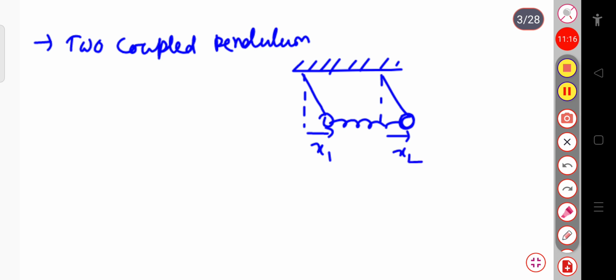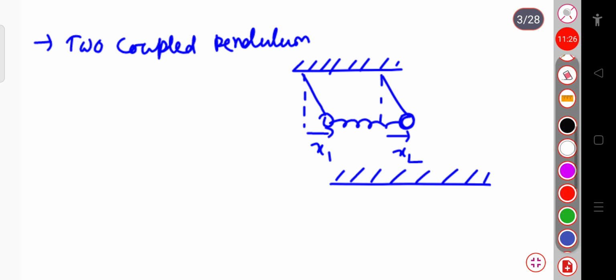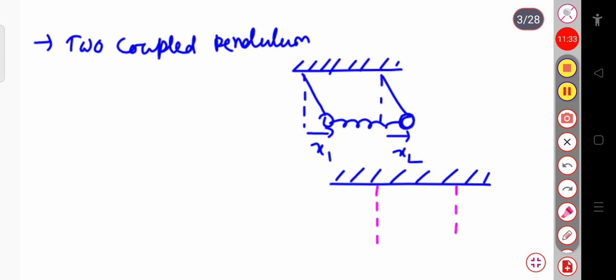In the other condition, this is the rigid support, and here again the mean position. Let me change the color so that it will be clear to you. This is the mean position of the pendulum.